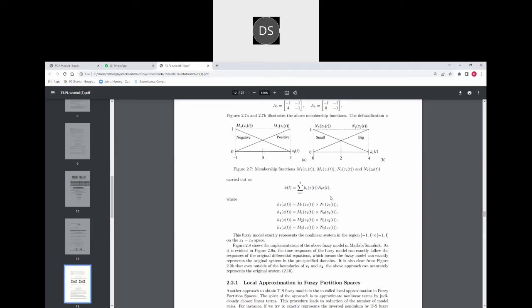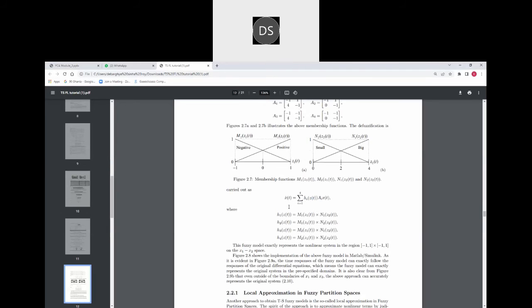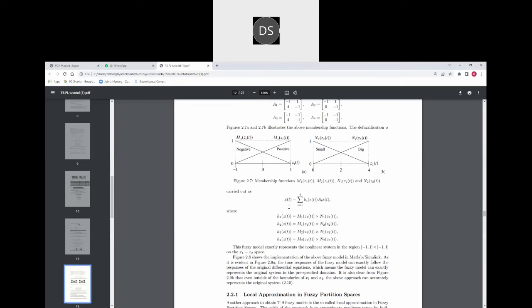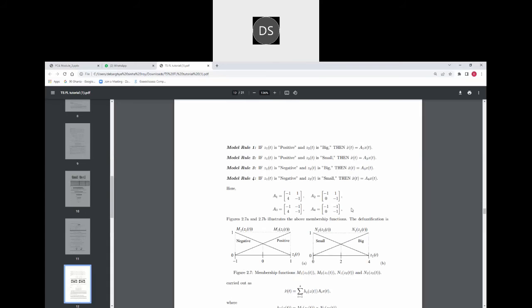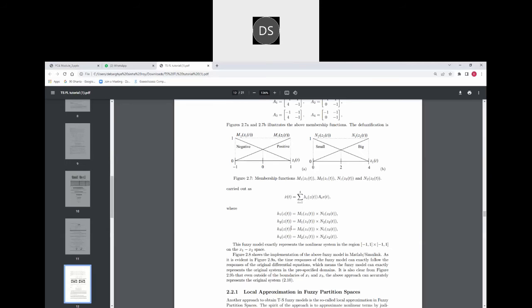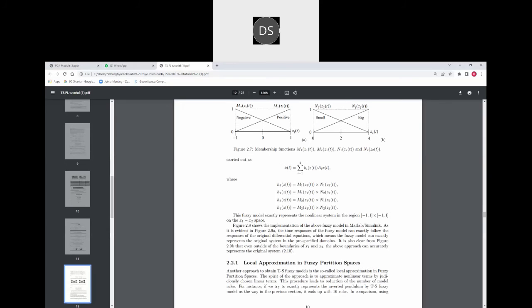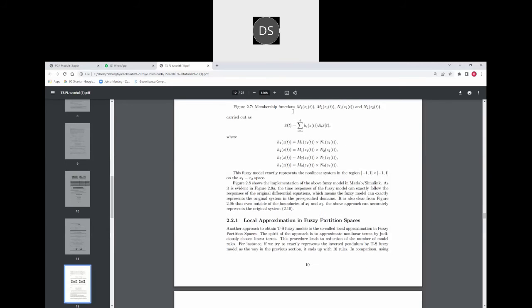There are four model rules and each model rule represents a single weight function, as in h1 represents M1 into N1. For model 1 it will be M1 for positive and N1 for big, and similarly for the other rules. This fuzzy model represents the exact system in the nonlinear region, in the range -1 to 1.